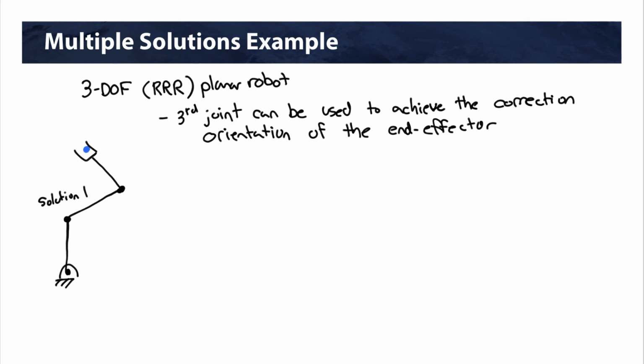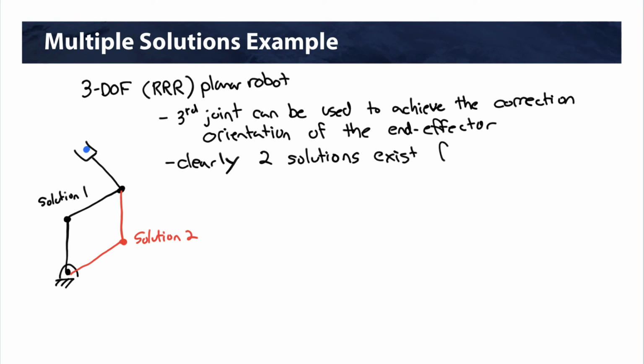But clearly, you should be able to see that we could have another solution like that, and that would be solution 2. Both are viable or valid solutions. So clearly, two solutions exist for theta 1 and theta 2. Whatever you choose for theta 1 will obviously result in a different theta 2.